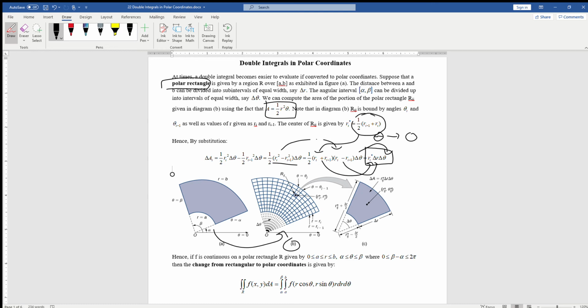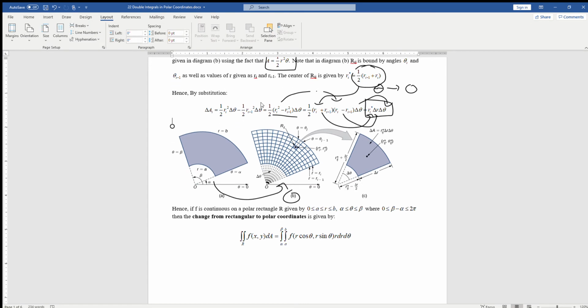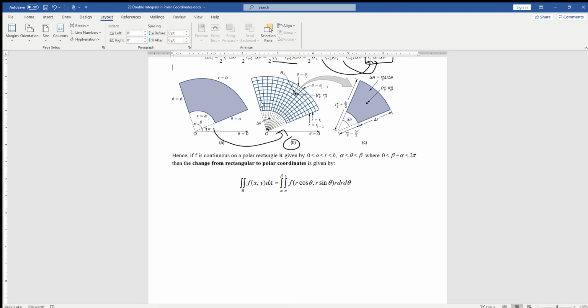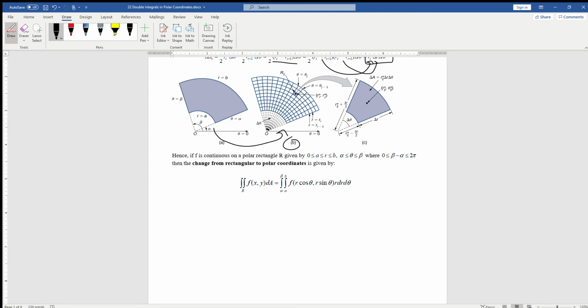So whenever we convert from Cartesian into polar coordinates, we're going to have a multiplier. Remember that x is equal to r cos theta and y is equal to r sine theta, so we're going to use those changes. Then we have this r dr d theta.